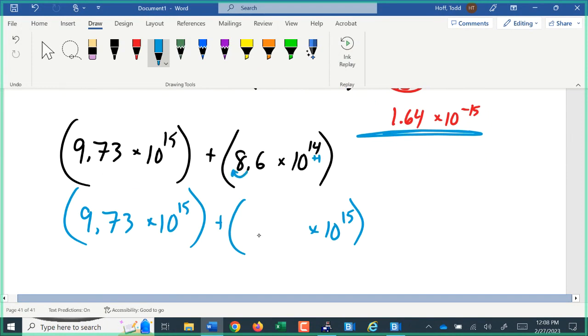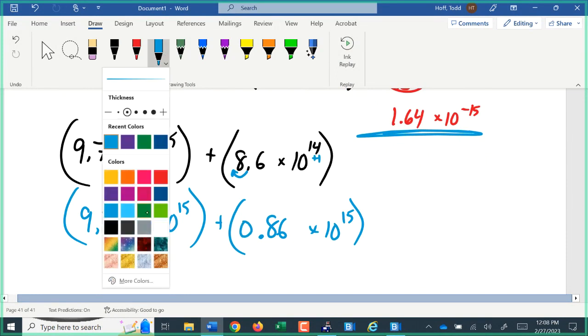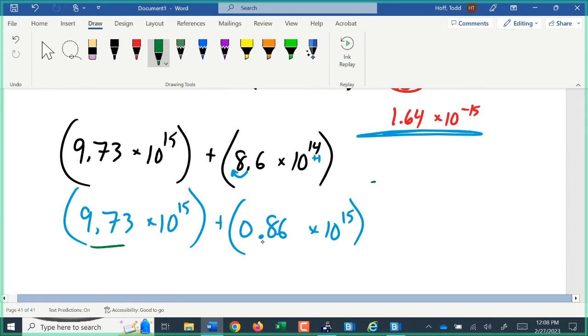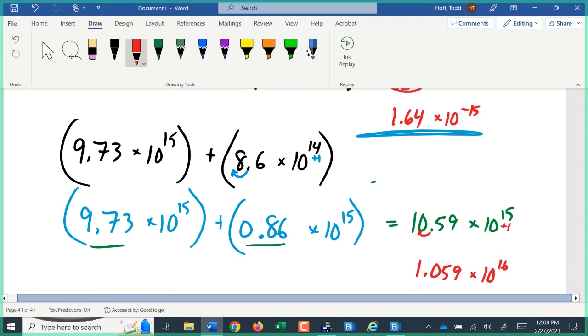The number has to get smaller to 0.86. So now we go ahead and add 9.73 plus 0.86 is 10.59 times 10 to the 15th. And actually, we have 2 digits in front of the decimal point, so we're going to have to move that one more to make it 1.059. Number got smaller, power gets larger, so 10 to the 16th.